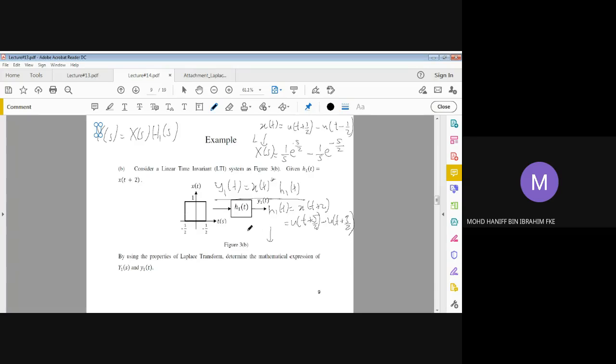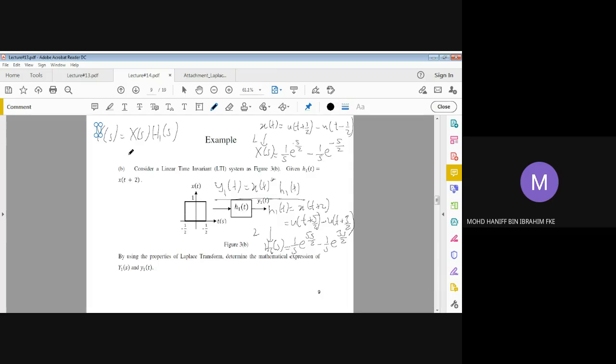The Laplace transform for h1(t), which is H1(s), shall be equal to 1 over s times e^(5s/2) minus 1 over s times e^(3s/2). So that should be H1(s), the Laplace transform for h1(t). Any question up to now?